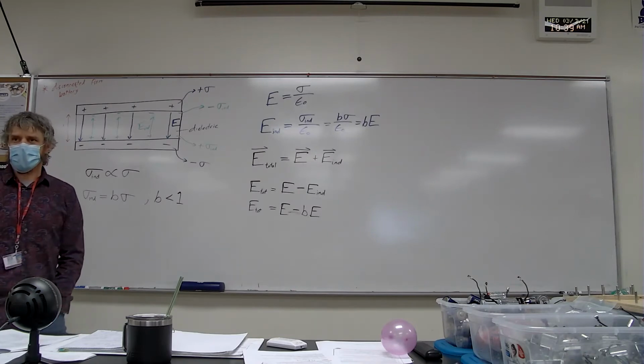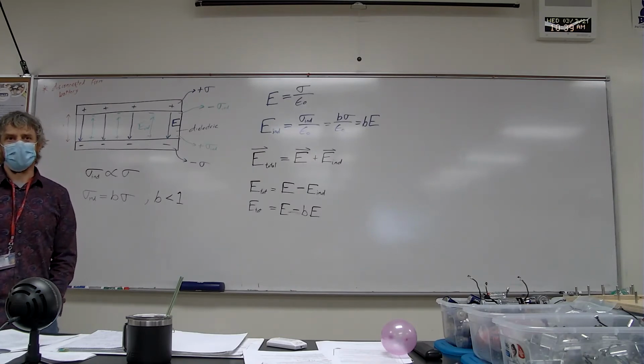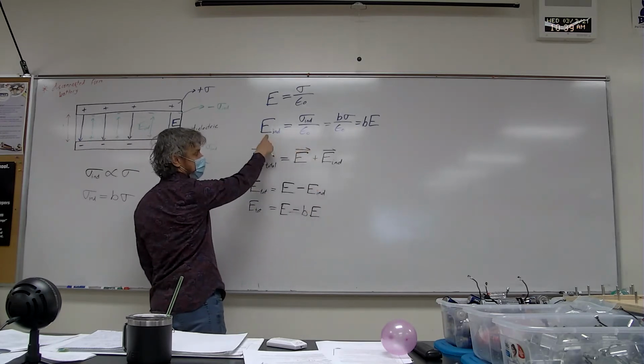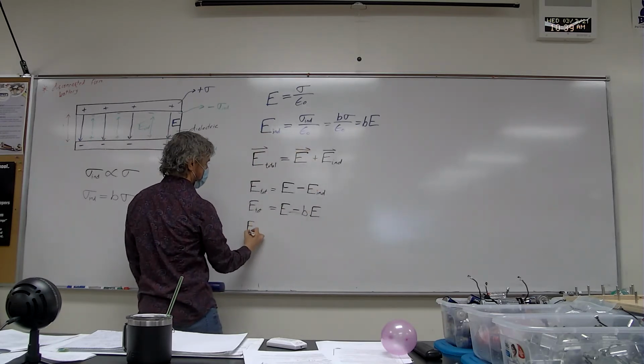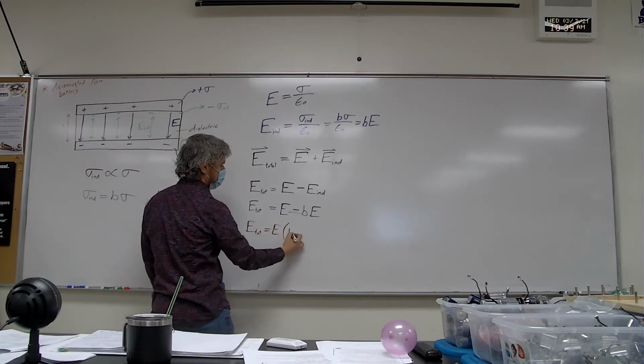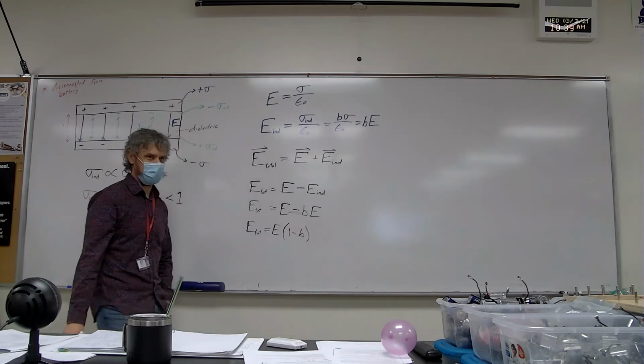And those electric fields are the same. Those are the expressions for the original electric field, right? B times the original electric field is the induced electric field. So I know the total electric field is equal to the electric field times 1 minus that proportionality constant B.